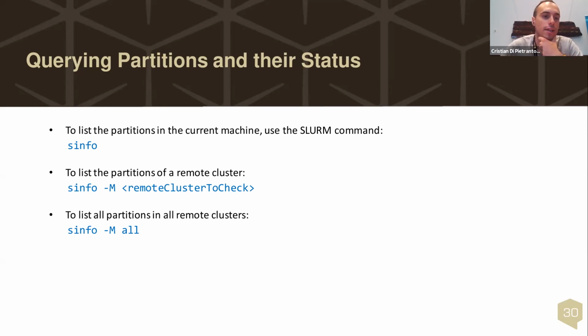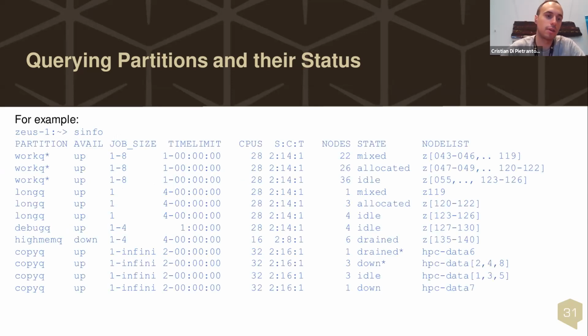You usually use it when you are logged on the login node. All these commands are usually run on the login node, though they can be run on a compute node. The sinfo output is shown in this slide.